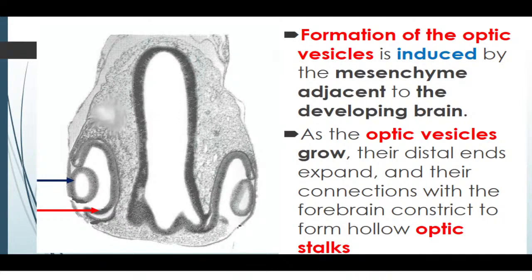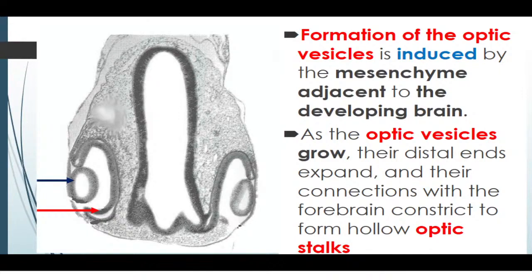About the eye, as the optic vesicle grows, its distal end expands and its connection with the forebrain constricts to form the optic stalk. Look at this one, the optic stalk is very well visible. This is the optic stalk on the left, and on the right it is not very well seen because of the sectioning of this embryo.